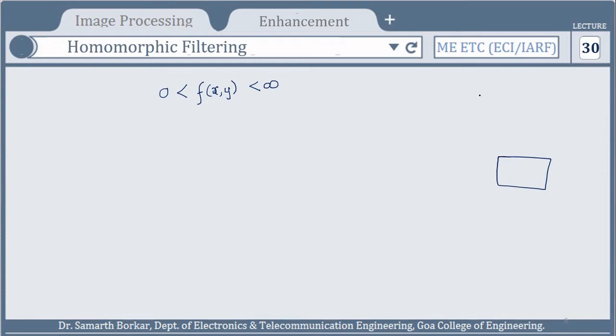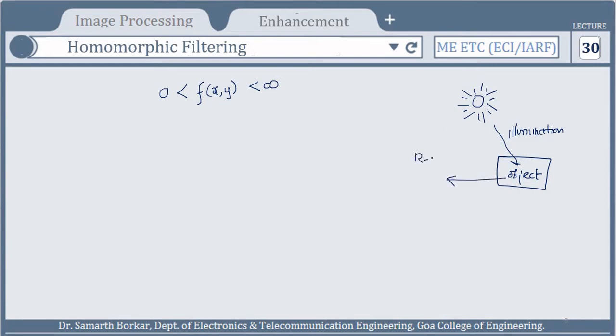Here is the source of illumination, so I can mark this as illumination, and after striking this particular object, some part of light is reflected back.